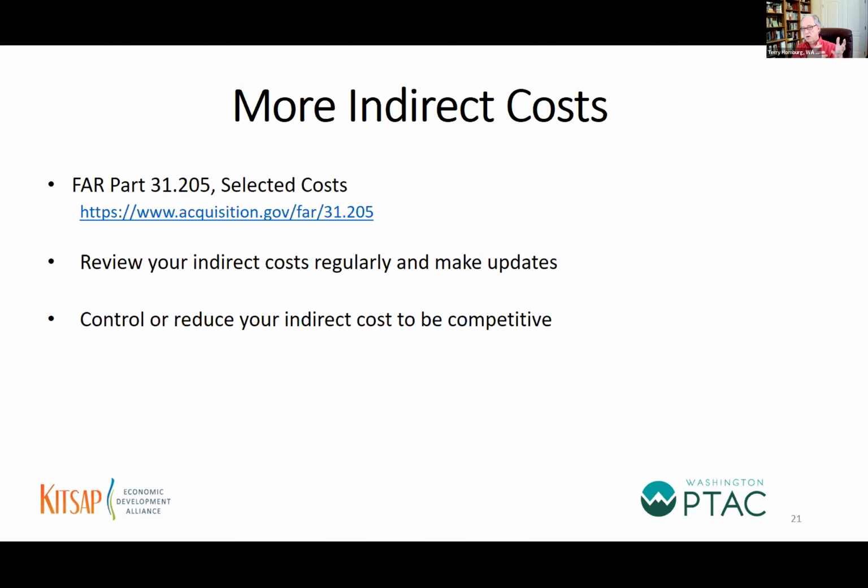And when you put that in a proposal, that reduces your bottom line price that you're going to submit. So that's being competitive. So it's important to control or reduce your indirect costs to be competitive.